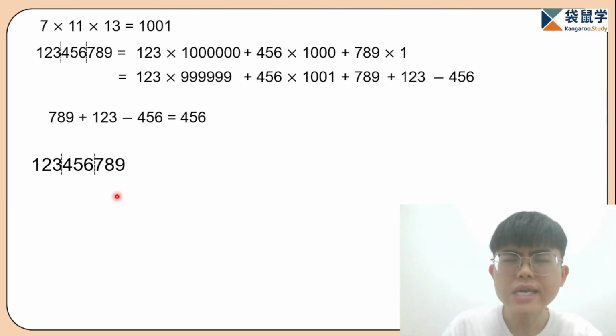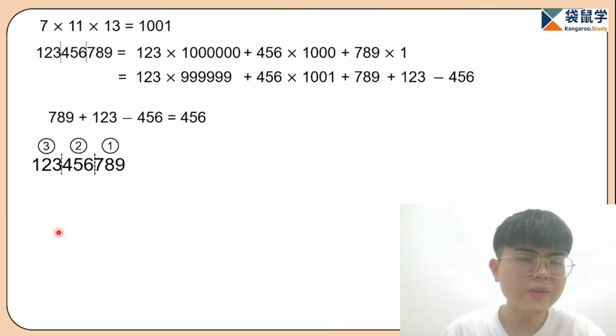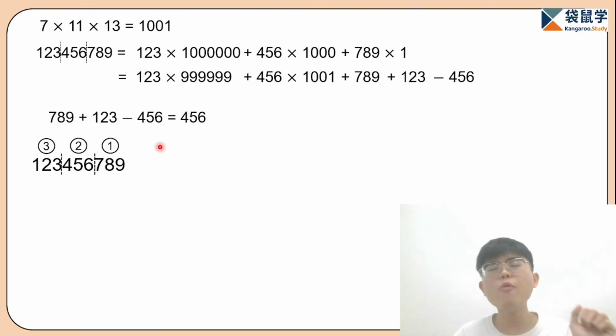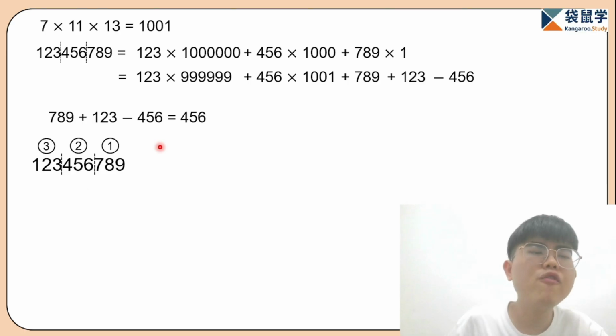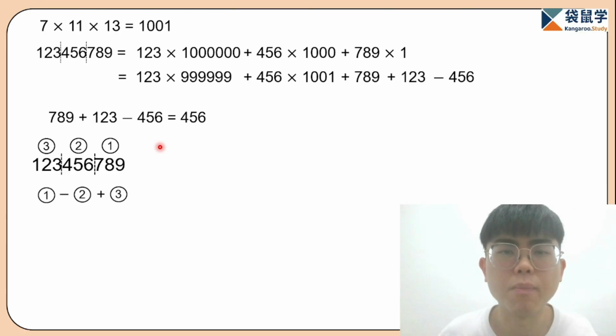Let's say this is the first part, the second part, and the third part, starting from the right. 789 is the first part. And the second part, we minus it out. And then the third part, we add it. So we just have to use the first part minus the second part, and then add the third part.